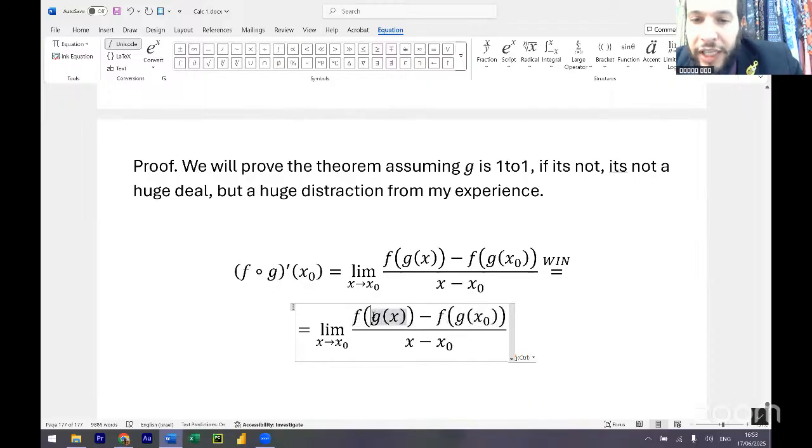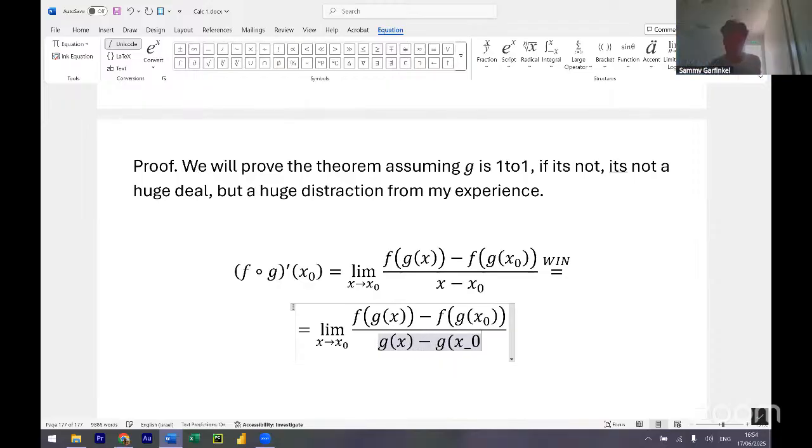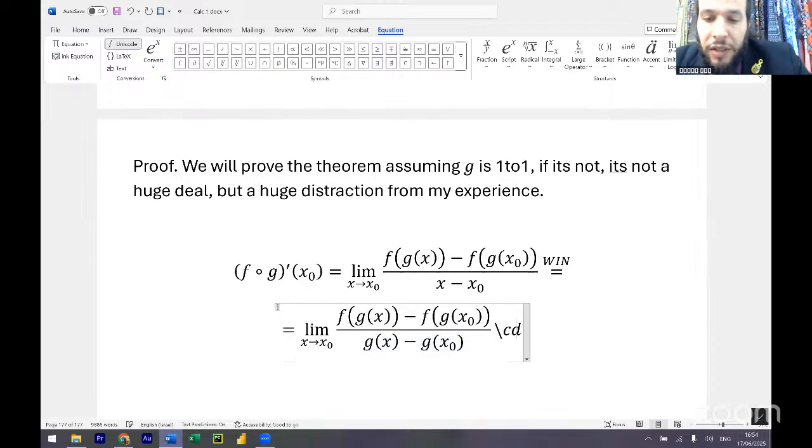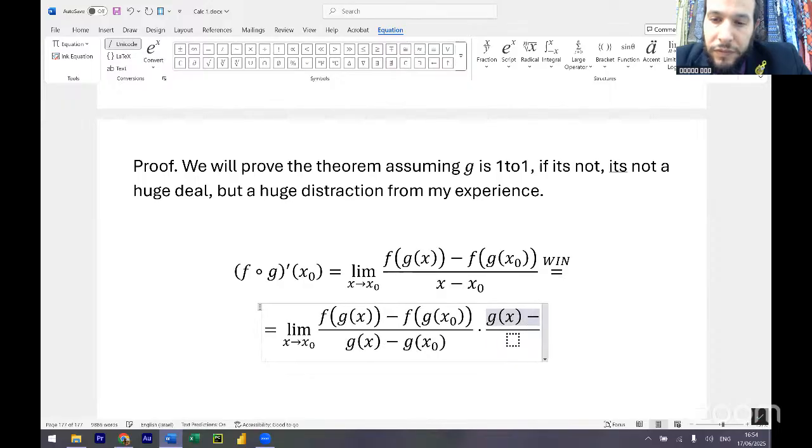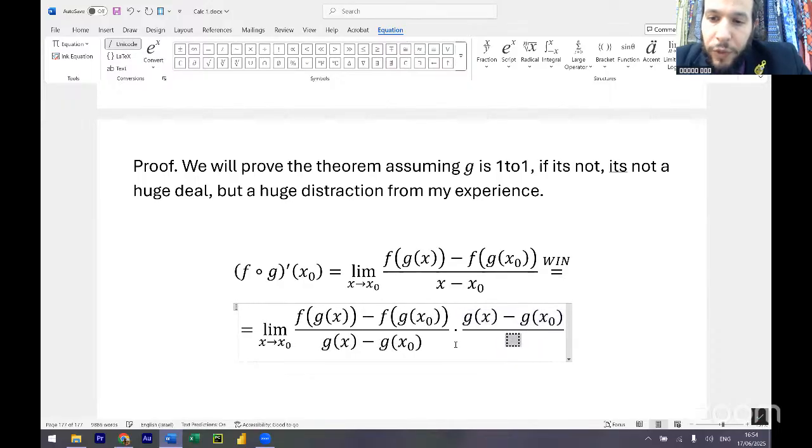What should we divide it by? What would be preferred to be written down here? So the difference g of x minus g of x0. Yeah, exactly, that is what we would prefer. And we need to fix that, and we divide by x minus x0.